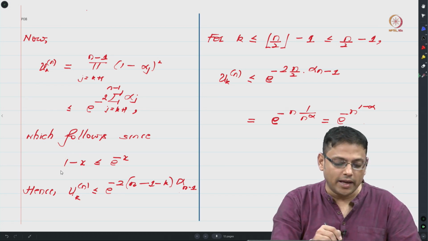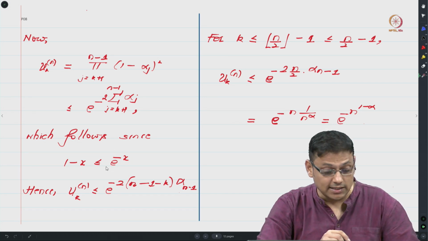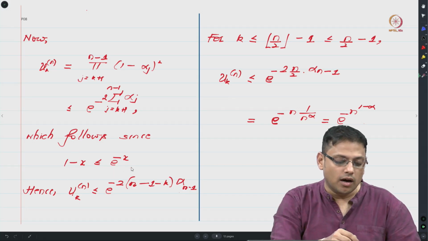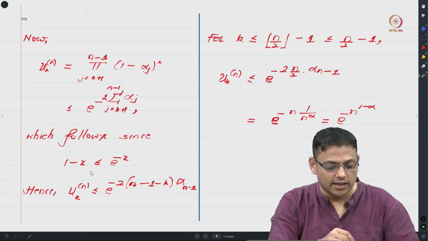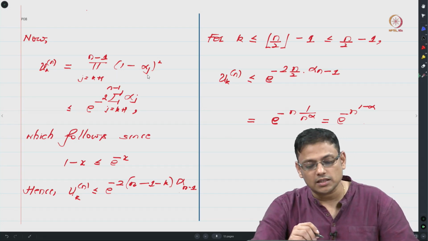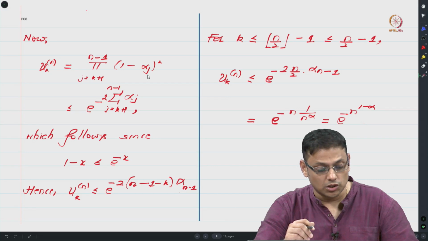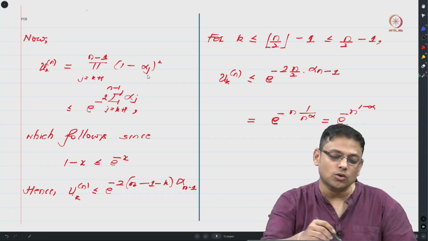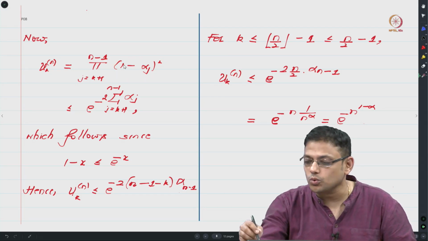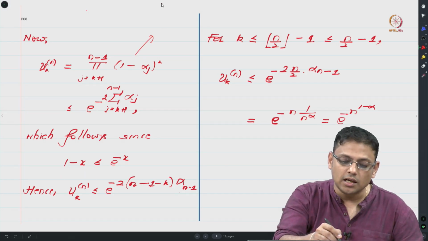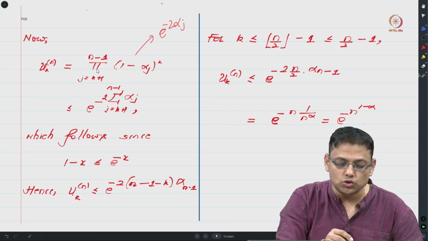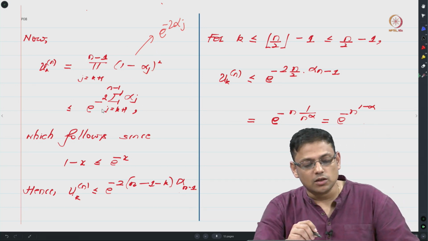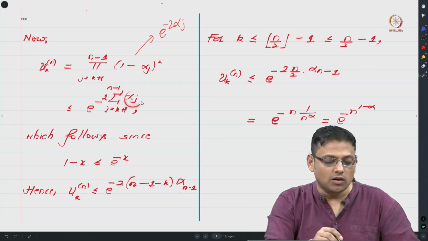Well, recall that 1 minus x is less than e raised to minus x, and because this is true, 1 minus x square is less than e raised to minus 2x whenever x is greater than or equal to 0, which is indeed the case for us because alpha j is bigger than or equal to 0, and hence one can conclude that this particular term 1 minus alpha j square is upper bounded by e raised to minus 2 alpha j. Hence this product over here is upper bounded by e raised to minus 2 times the sum of j equals k plus 1 to n minus 1 of alpha j.